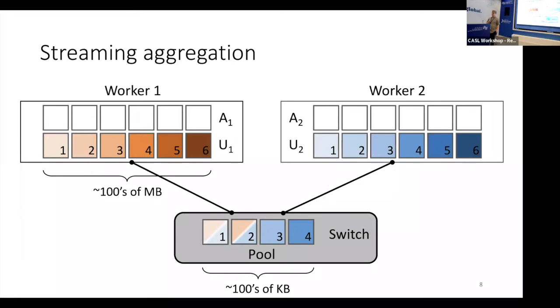And whenever the switch notices that one particular aggregation slot is full, it broadcasts back to the workers a copy of those aggregated gradients. And implicitly, that serves as a signal that there now exists an empty slot inside the switch, and the worker can send the corresponding chunk for that slot.